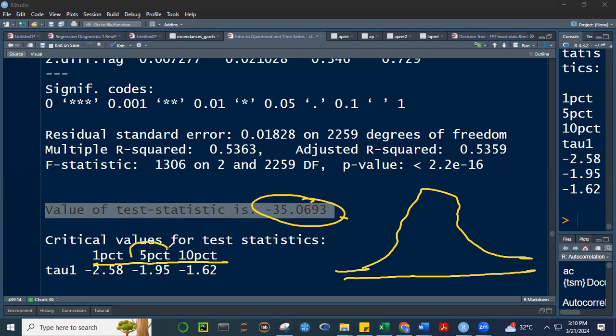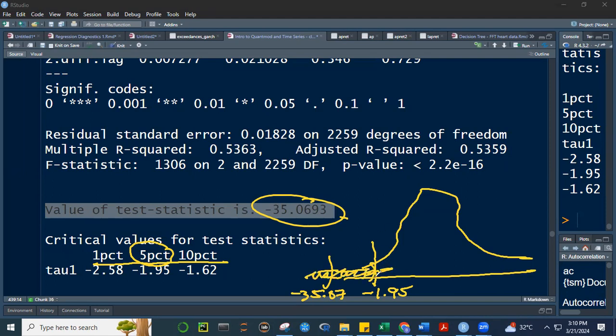Let's use the 5% level. The critical value is negative 1.95. And our t-stat is somewhere here, approximately negative 35.07, so it's in the rejection region.